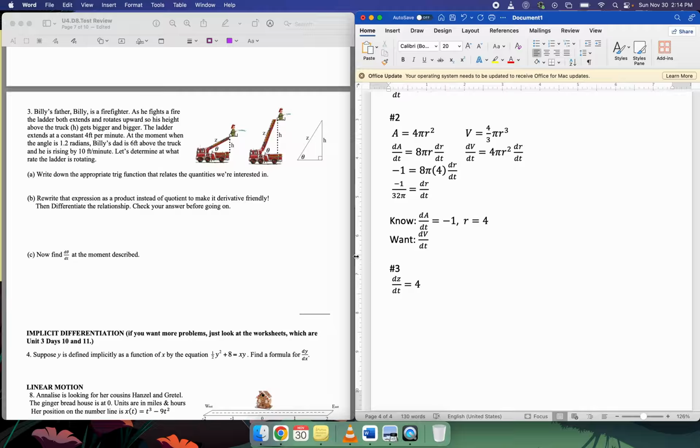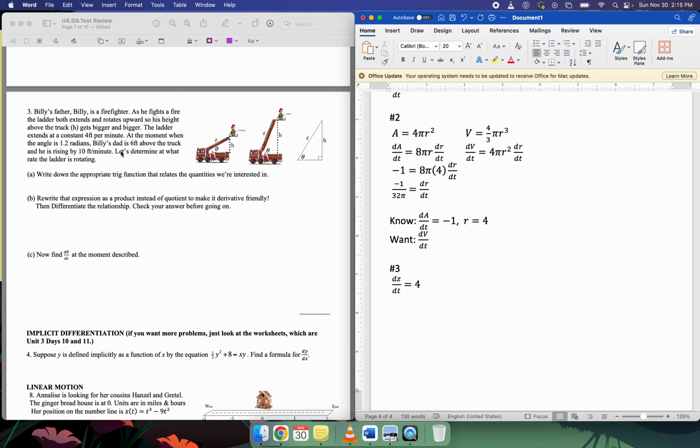At the moment, be careful with this language. You might see the word constant and think, oh, that means dz/dt is 0. No, it's not saying z is constant. It's saying the rate of change is constantly 4. If z were constantly 4, then yeah, the derivative would be 0. But it's not that z is constantly 4.